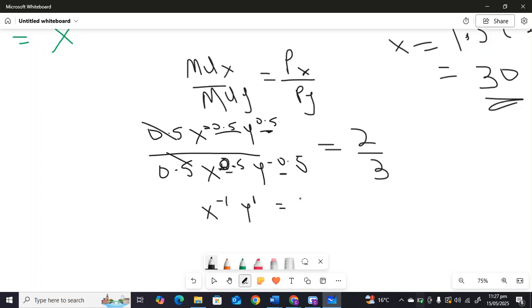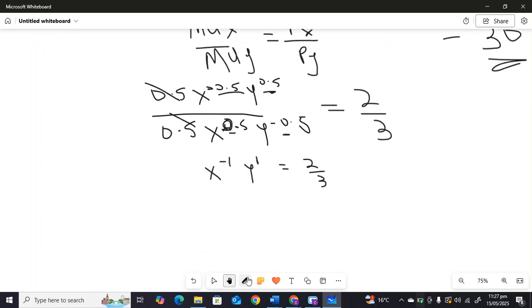Equals 2 over 3. And then this is x to the power negative 1, so it goes at the bottom, so it becomes y over x equals 2 over 3.